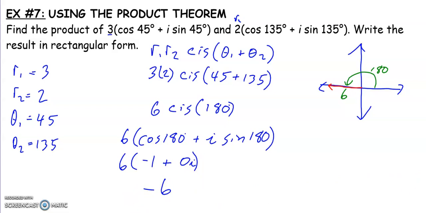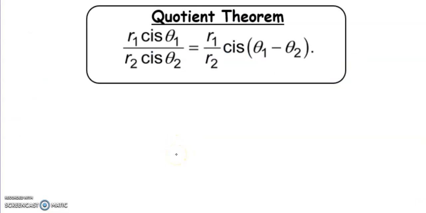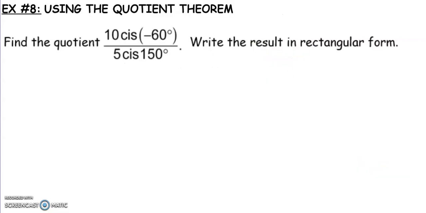Well, what if we're dividing our two vectors? If I give you in trig form a vector and divide it by another vector, we're going to divide our r values, and we're going to subtract our angles. Not our degrees, our angles, because it very well could be in radians. So let's find the quotient. We're going to do R1 over R2 times cis of theta 1 minus theta 2.